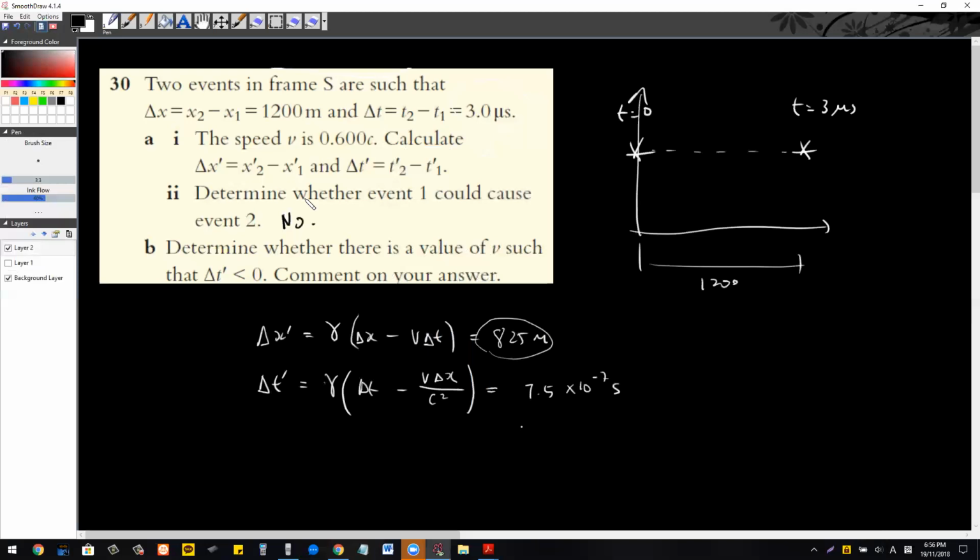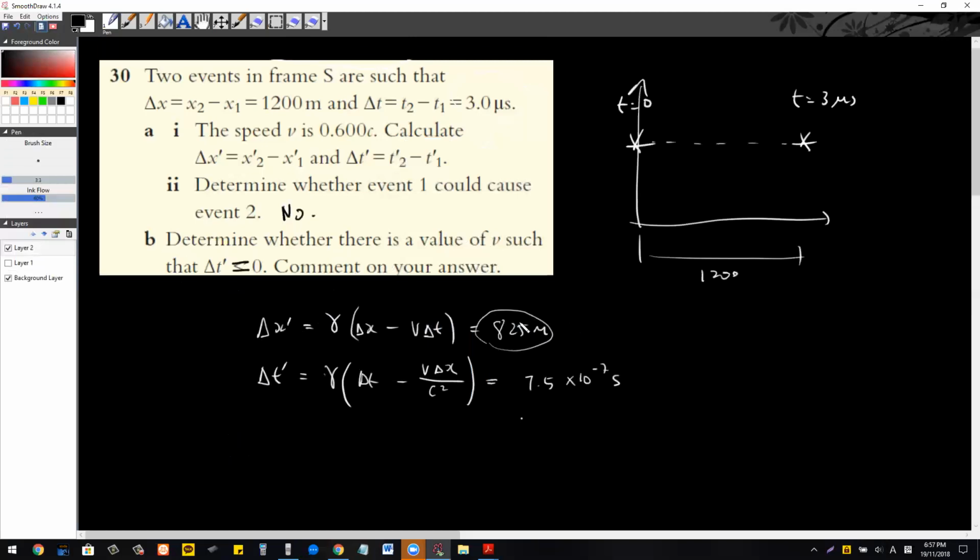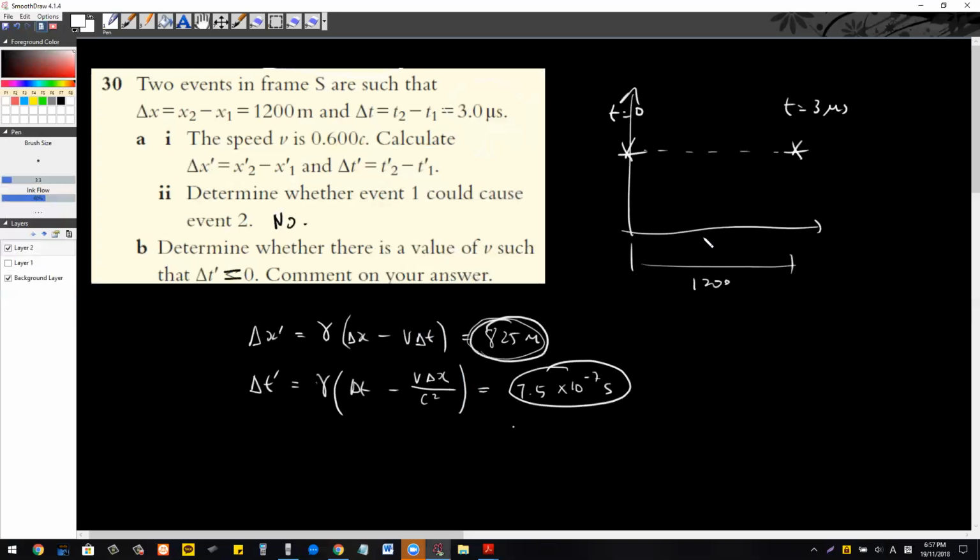Now the question is very similar to the previous question. So let's consider this case equal there. We see that this is positive here, and this is also positive here. Could there be a velocity such that this delta t dash is equal to 0?